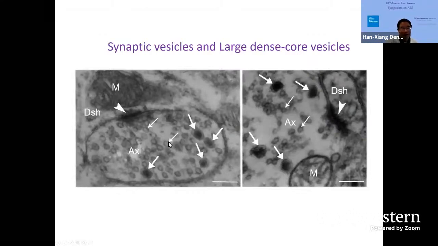Normally the synaptic vesicle is about 40 nanometers, and this one is about 100 nanometers, and it contains neuropeptides or neurotrophin factors, and plays an important role in neuronal function and modulating neuronal activity.